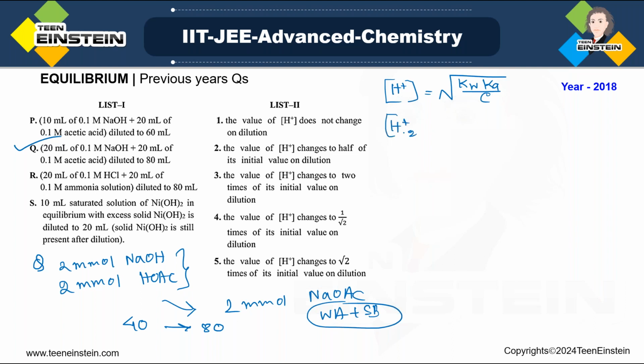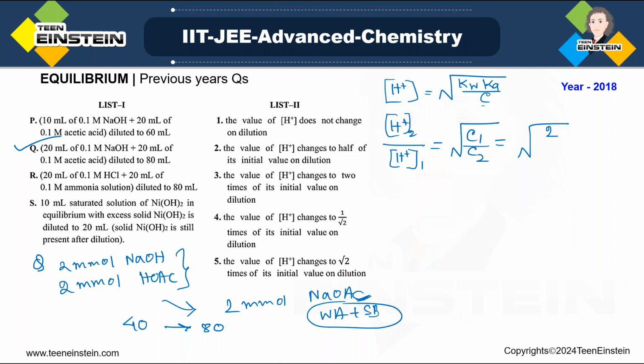Now if we take H plus 2, that is after dilution, and H plus 1 before dilution, the ratio will be, this C will change to C1 and C2, KW KA the same. So ultimately you will get root of C1 divided by C2, and C1 is the concentration of this salt. The concentration will be 2, because C1 is 2 times higher.